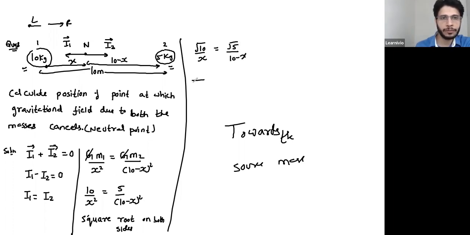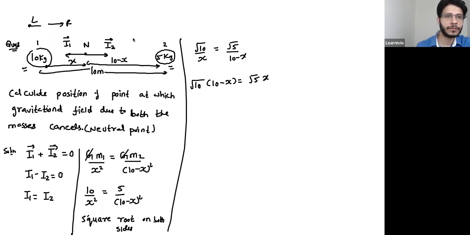If I cross multiply them, this is root 10 times (10 minus x), which is root 5 multiplied by x. So you can write this as 10 root 10 minus x root 10 is x root 5.